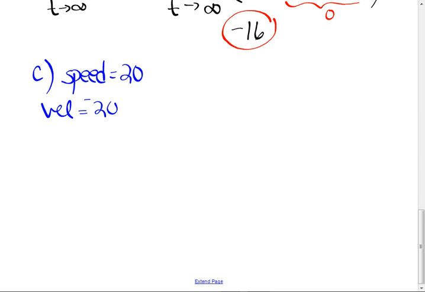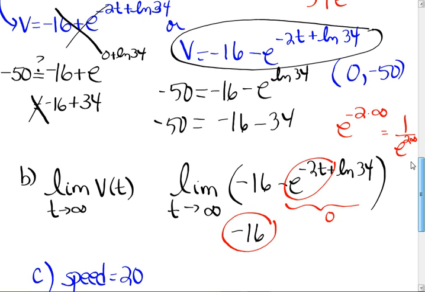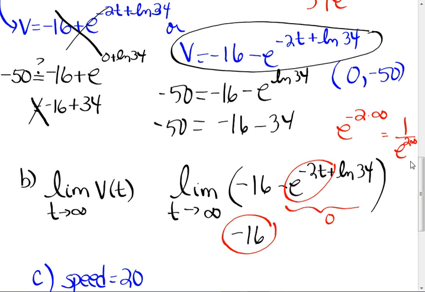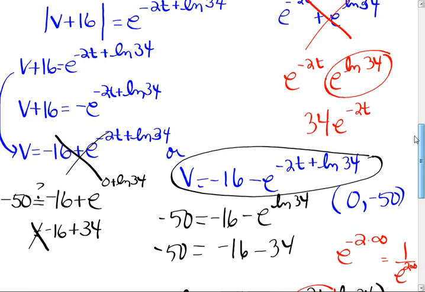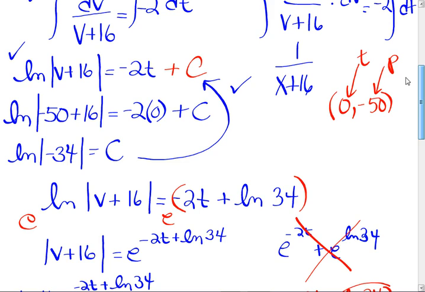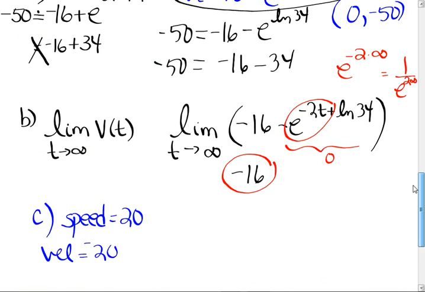Negative 20. Matt, I think you get a point for saying that. Yes. So my velocity is going to be negative 20, and I'm going to solve this exponential equation I have right here for t. You could go back into the log equation, because I'm going to get there anyway, but I'm going to go ahead and start with that one.